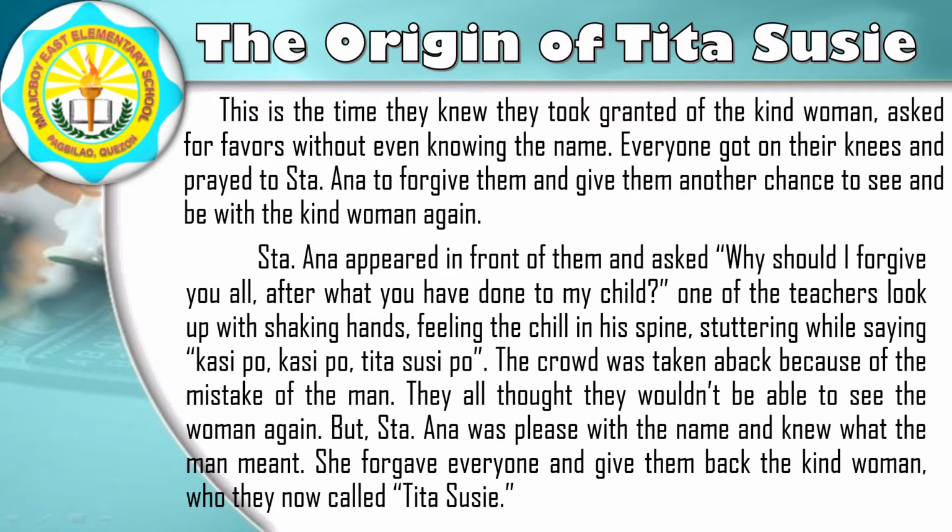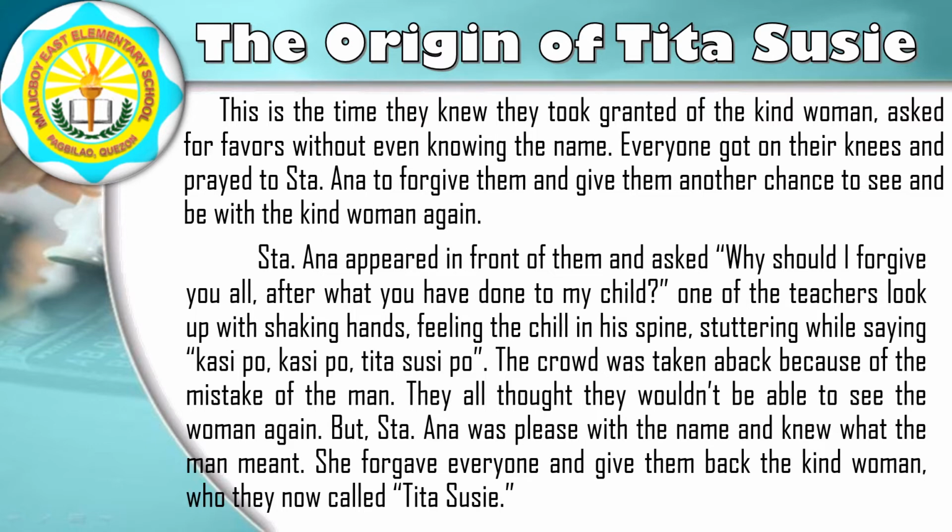So, lumabas si Santa Ana dahil nagdasal sila ng taimtim, lumuhod sila. So, habang nagdadasal sila, tinanong sila ni Santa Ana, bakit ko kayo patatawarin pagkatapos ng ginawa ninyo sa aking anak? Bakit ko kayo kailangan patawarin? So, sa sobrang kaba, sobrang nanginginig, nilalamig na siya, nag-stutter siya, nautal siya habang nagsasalita.